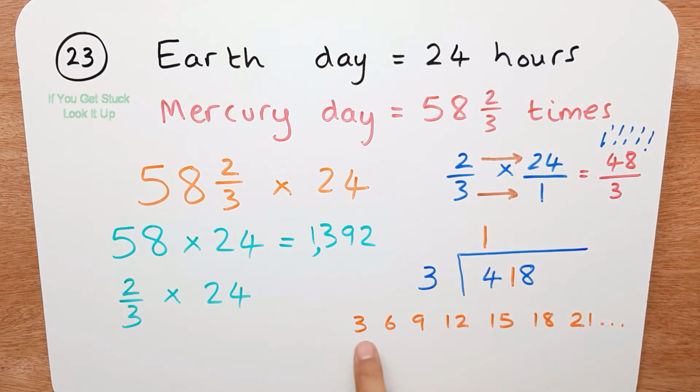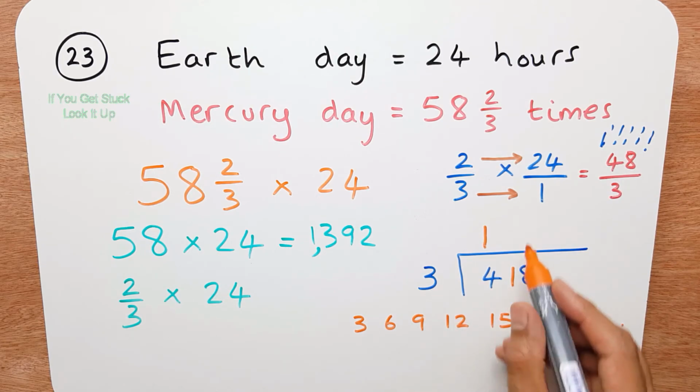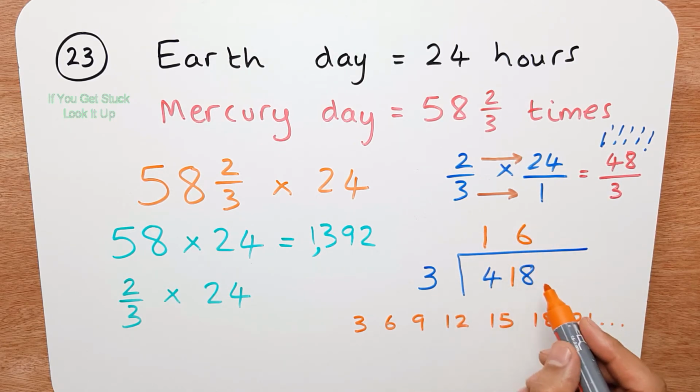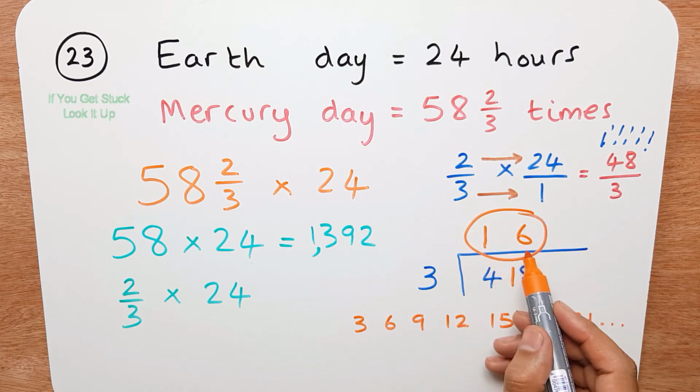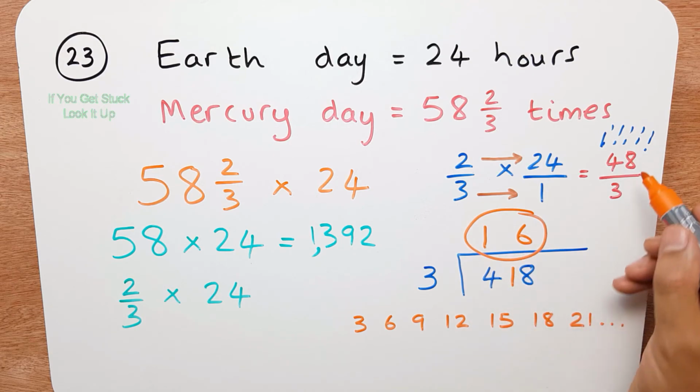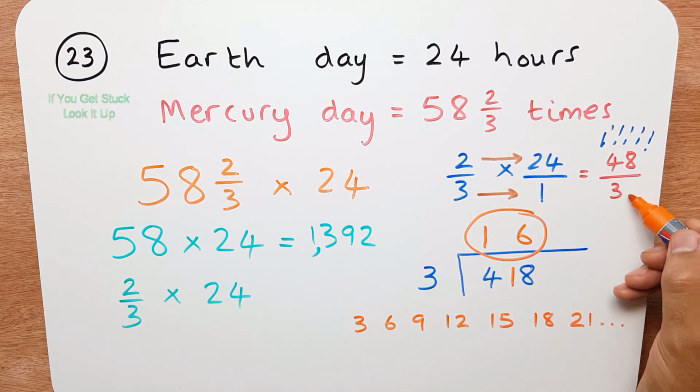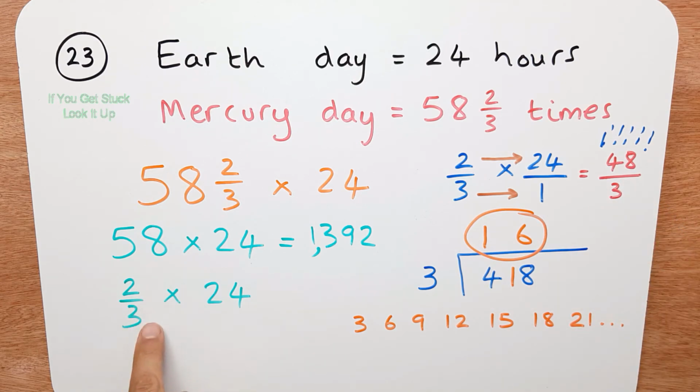I've got 18, so 1, 2, 3, 4, 5, 6. So how many 3s are there in 18? There's 6. And because there's no remainder, I can stop. So my answer is 16. So 48 thirds, or 48 divided by 3, is 16. So 2/3 of 24 is 16.